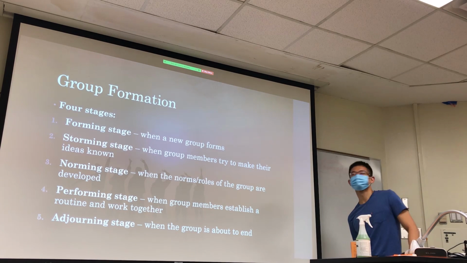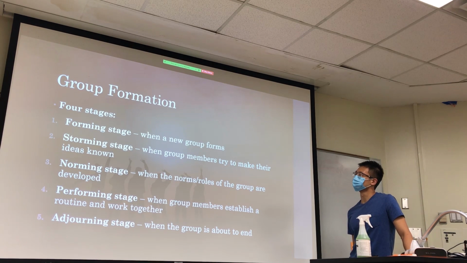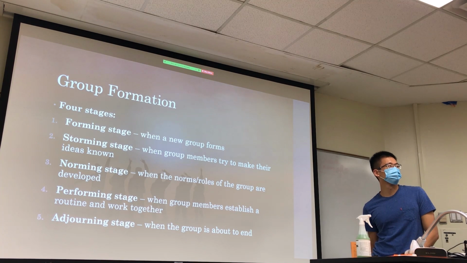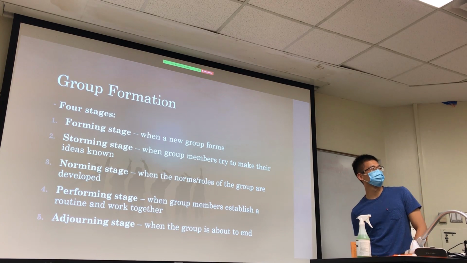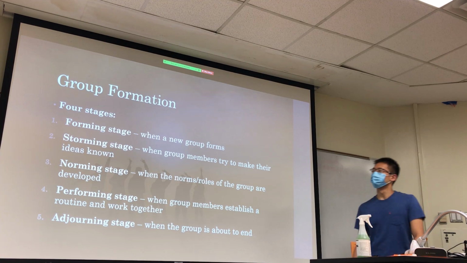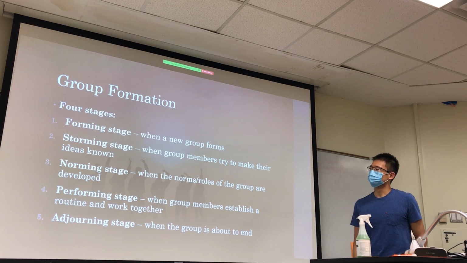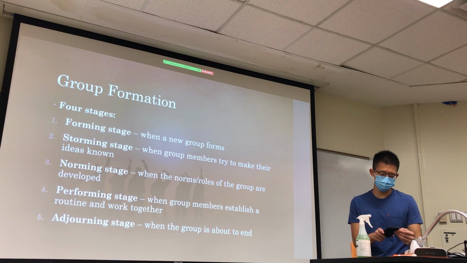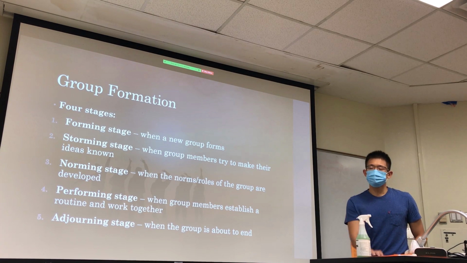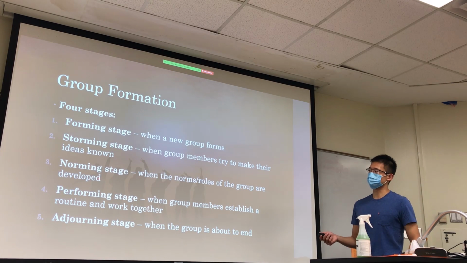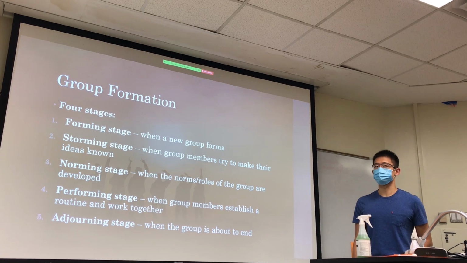It wasn't super clear. They just said that it's sort of cyclical, but also you could jump around as a group. As time goes on, you don't have to follow these in order. So norming and performing tend to occur together. When you're forming a routine, you're also forming a norm. When I was doing it, I was thinking the storming stage and the norming stage can be together too, right?